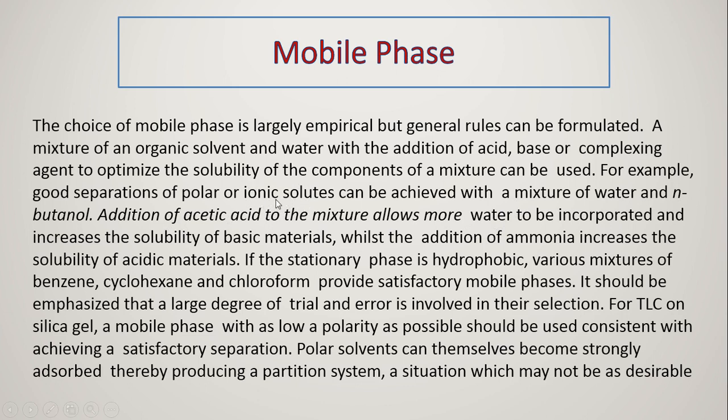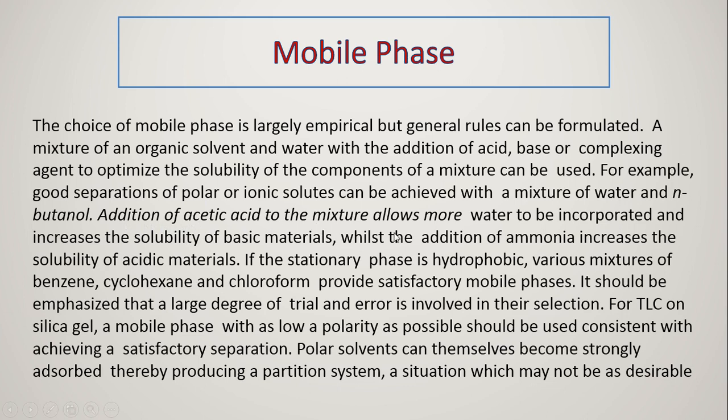Means these ionic solutes will be more solubilized in this water component of mobile phase, but these somewhat polar substances will be more attracted or will be more solubilized in normal butanol. So due to this mixture of mobile phase, two types of components of sample, means polar or ionic, can be separated.